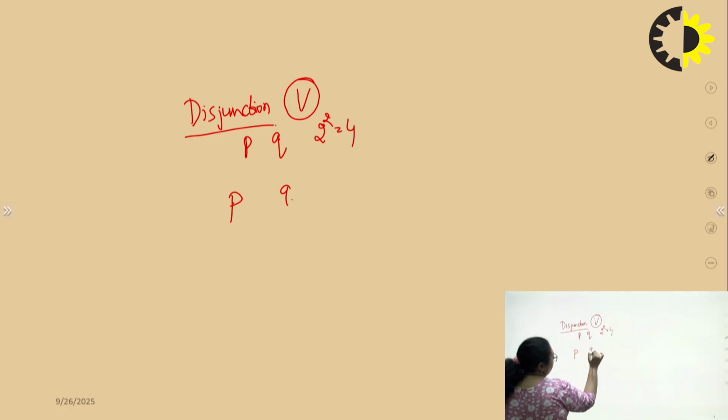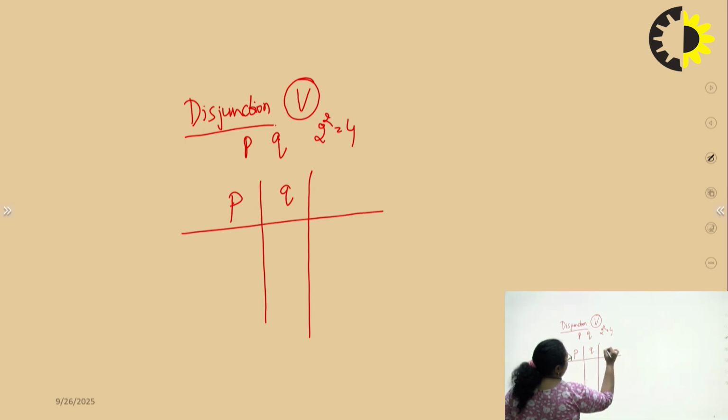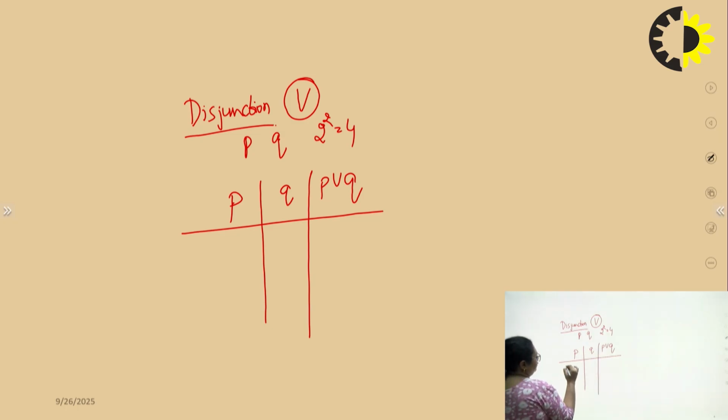So P, Q, P disjunction Q. The 4 cases we will form the same way: true, false, false, true, true, true, and false, false.